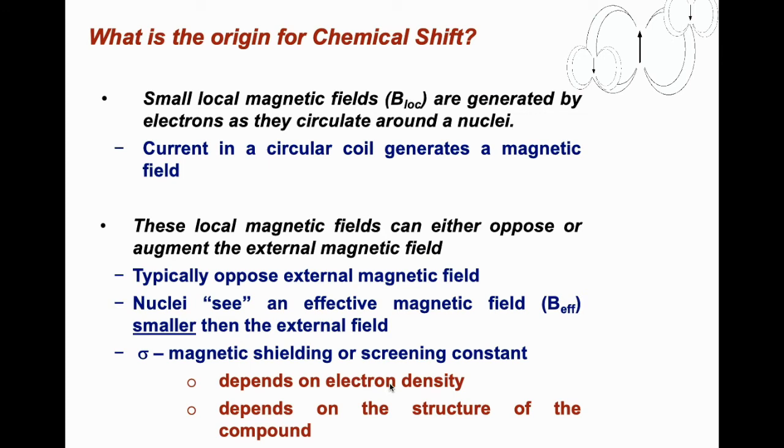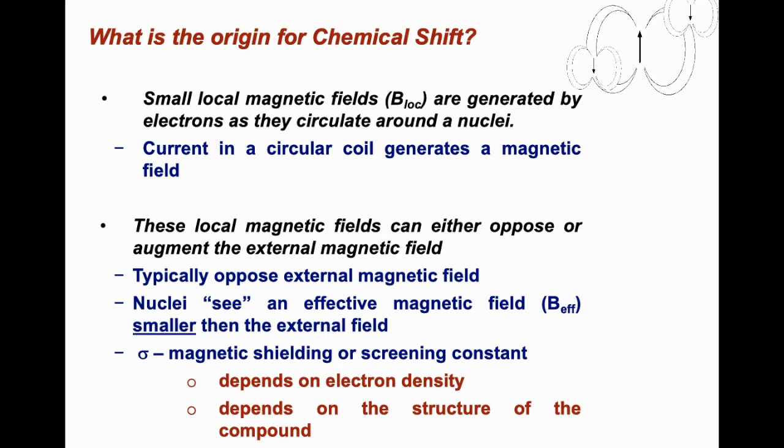If you are focusing on a particular nucleus, the electron density around that nucleus is primarily responsible for the chemical shift. When you look into the molecular structure, in any given molecule you will have different atoms, and around the atoms you will have different electron densities.